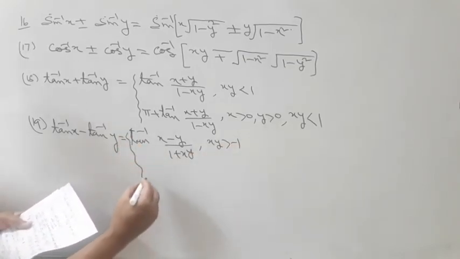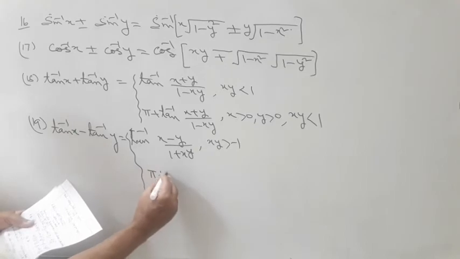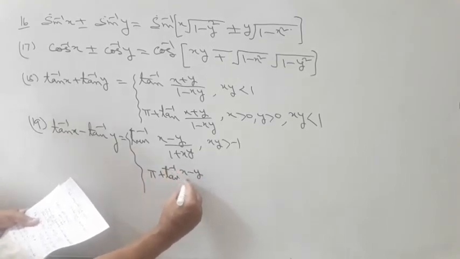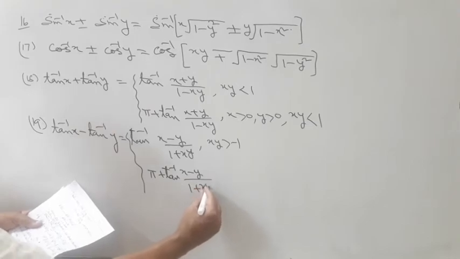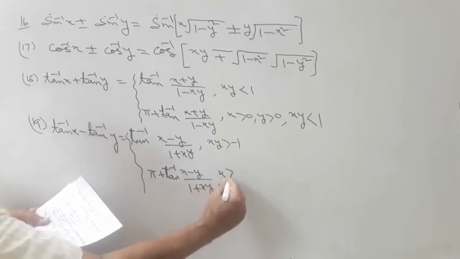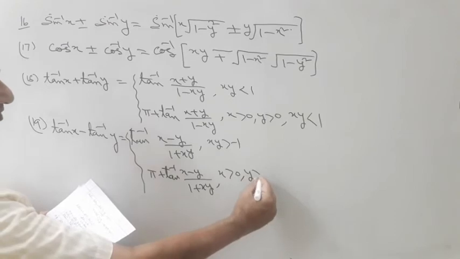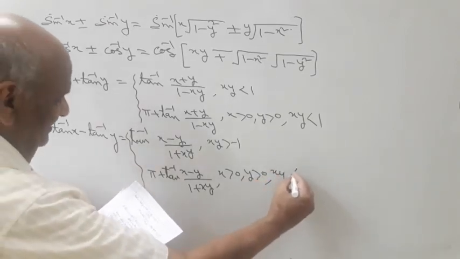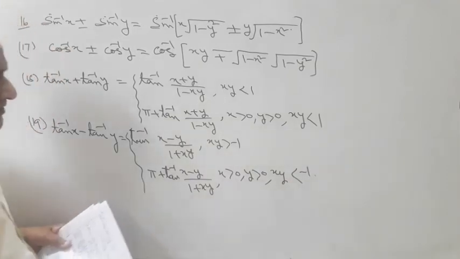This is pi plus tan inverse of (x minus y) over (1 plus xy), when x is positive, y is positive, and xy becomes less than minus 1.